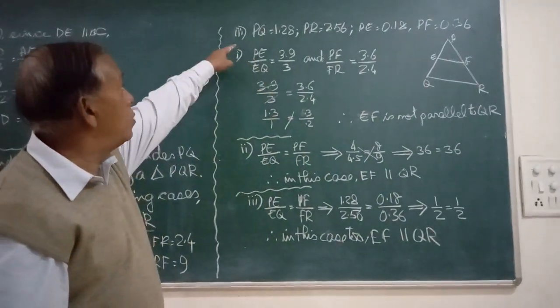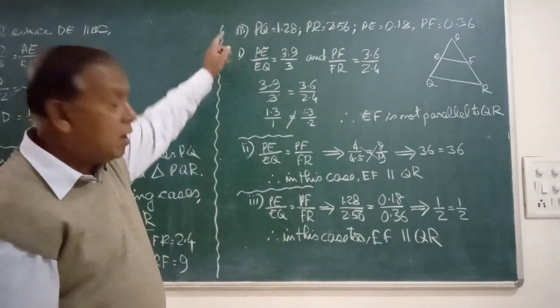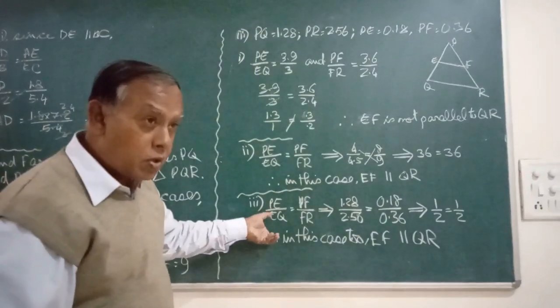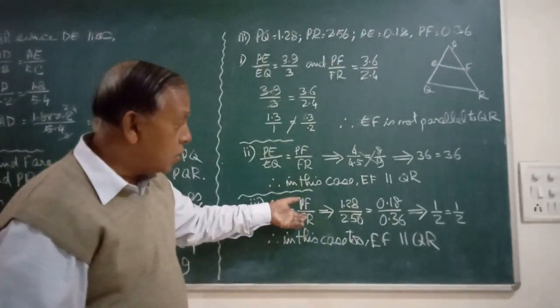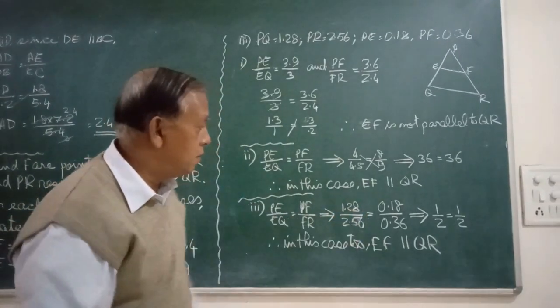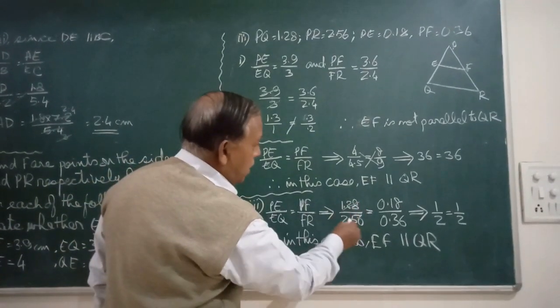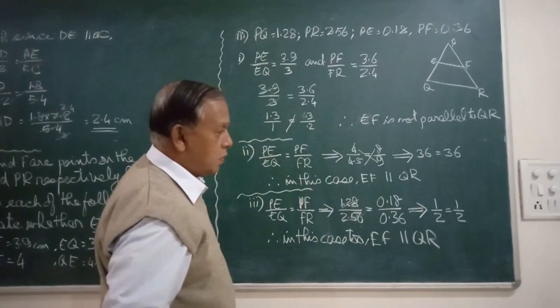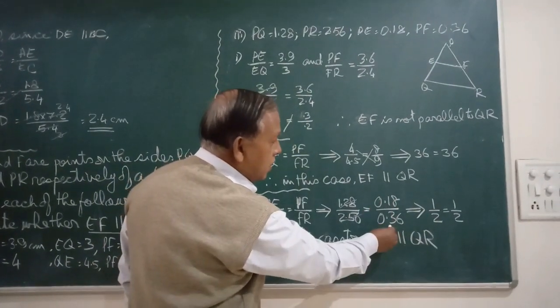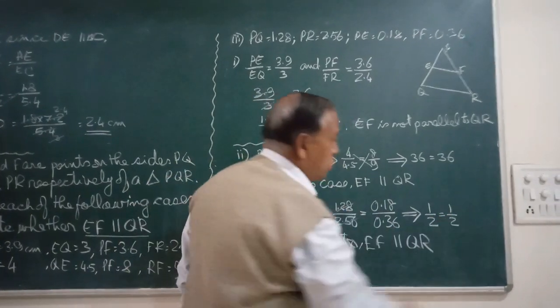We have now the third set of values. Here also we apply the third set of values. Ratio of first side is equal to ratio of second side, and we apply the values. Simplify. See, this is half of this. So we have 1 upon 2. Now 18, 36, again 1 upon 2.